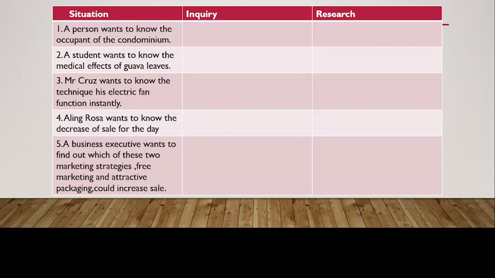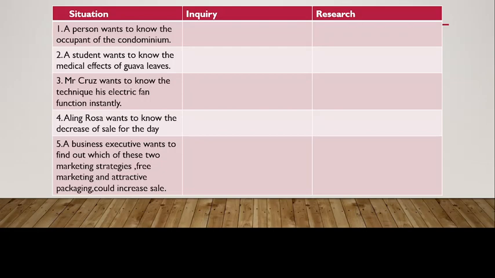So number 1, a person wants to know the occupant of the condominium. Is it inquiry or research? Number 2, a student wants to know the medical effects of guava leaves. Is it an inquiry or research? Then number 3, Mr. Cruz wants to know the technique his electric fan functions instantly.